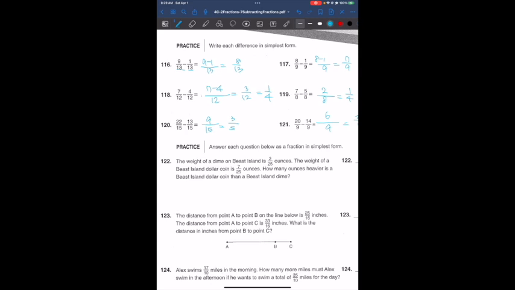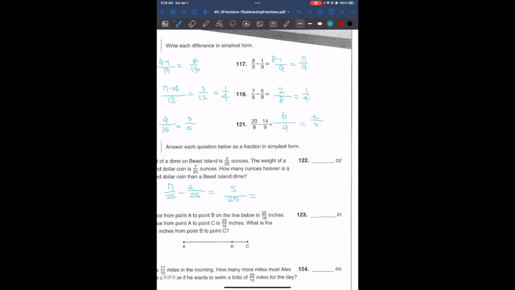So we're looking for the difference, so we're going to subtract. Since the denominator is the same, we're only going to manipulate the numerator, so 7 minus 2 is 5. And dividing both the numerator and the denominator by 5, we can simplify into 1 over 5. So it's 1/5 ounce heavier.